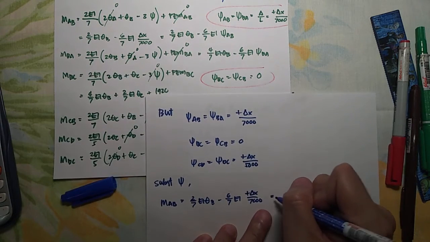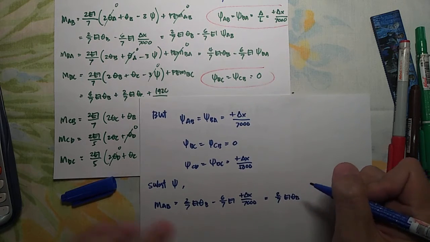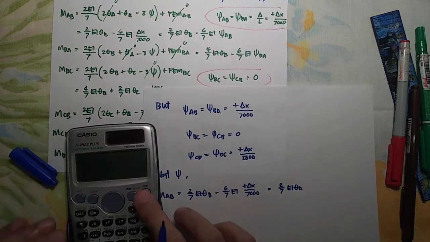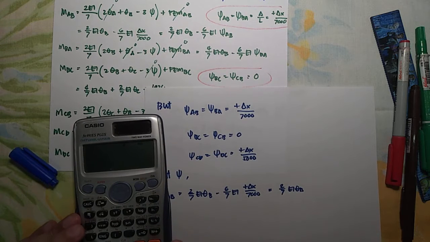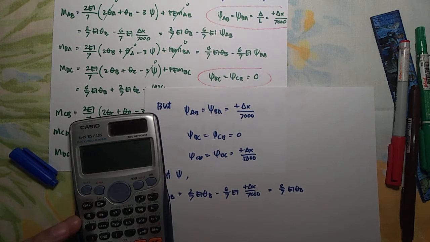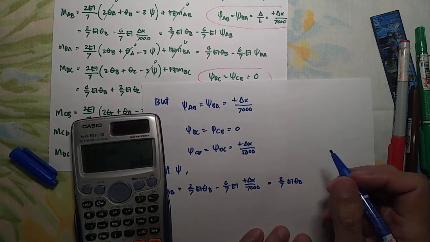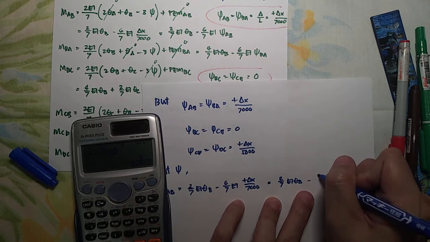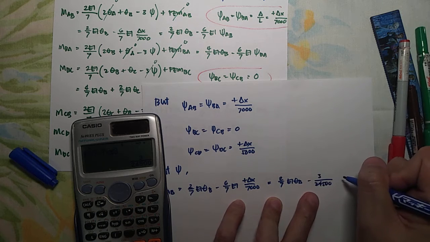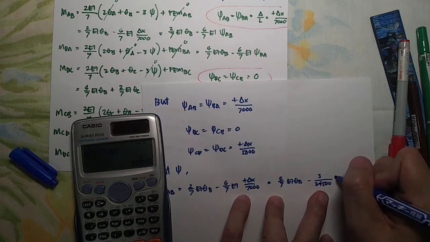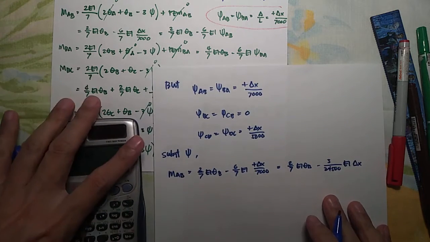So this becomes 2 over 7 EI theta B. Then when you simplify, this would be 6 over 7 divided by 7,000. So this would become minus 3 over 24,500 EI delta X.